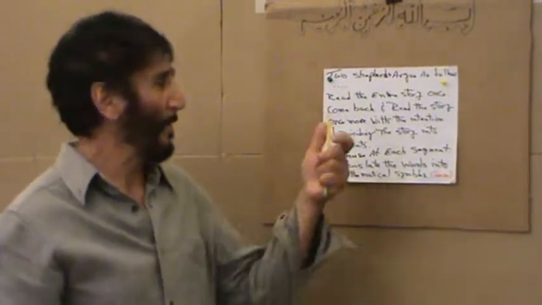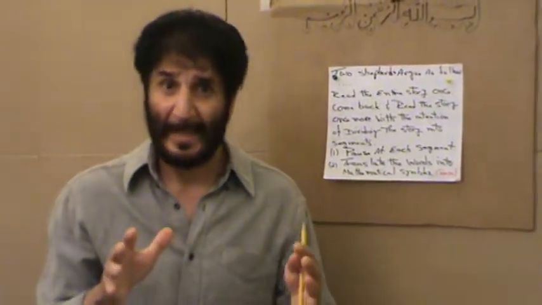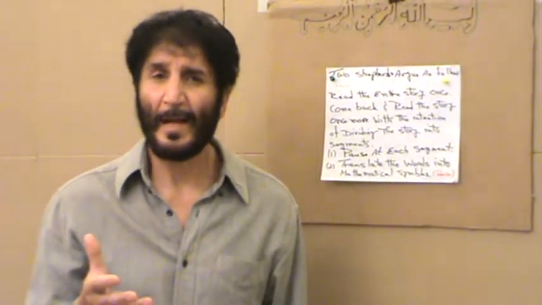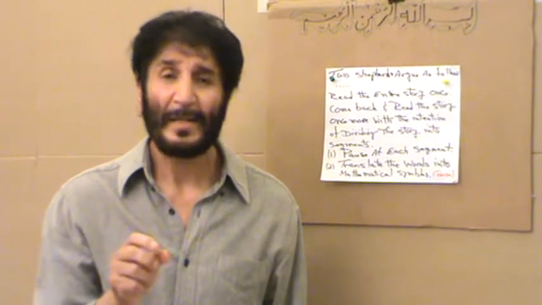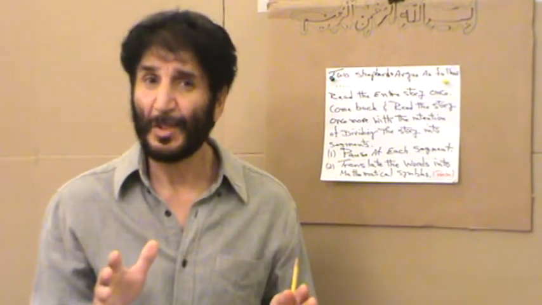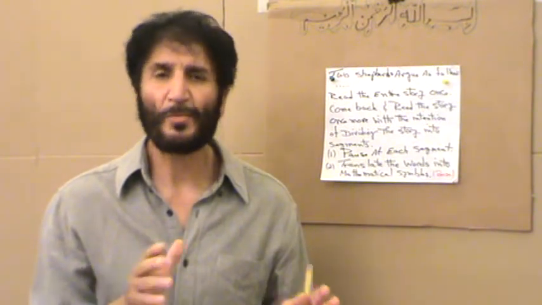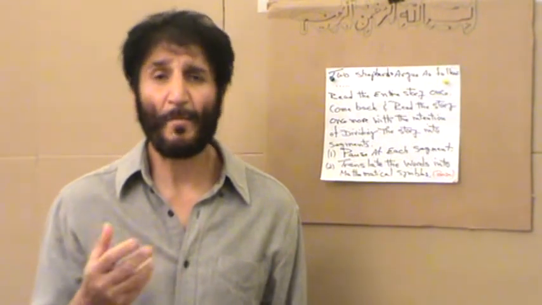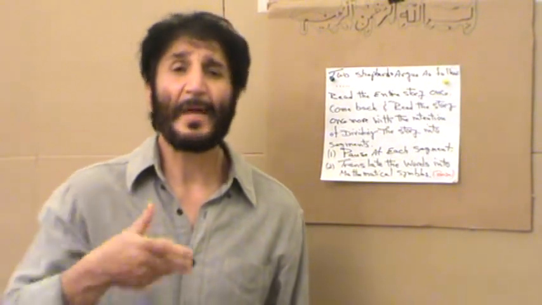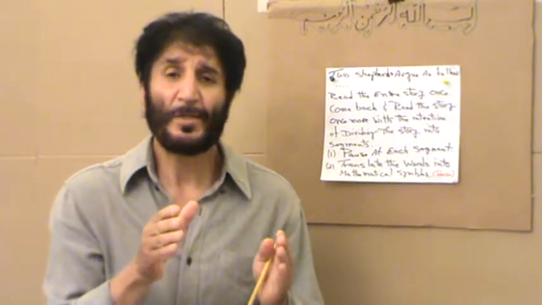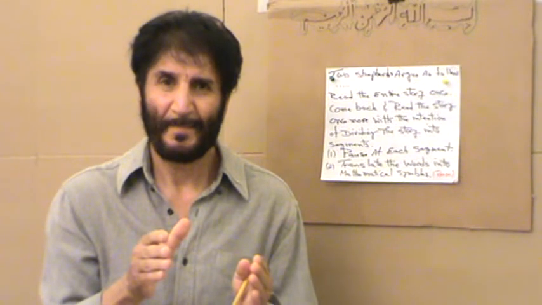What I have written for you is: read the story problem two or three times without taking any notes, of course with concentration. Just read it from the head to the end without taking any information out. After you read it one, two, or three times, go back and start from the beginning and cut it into segments.